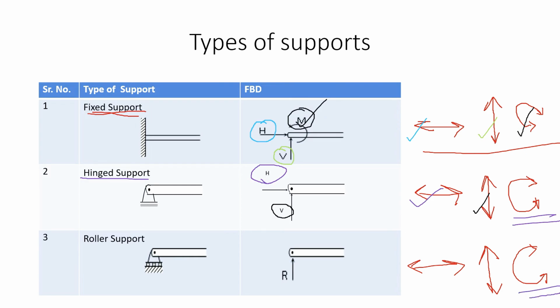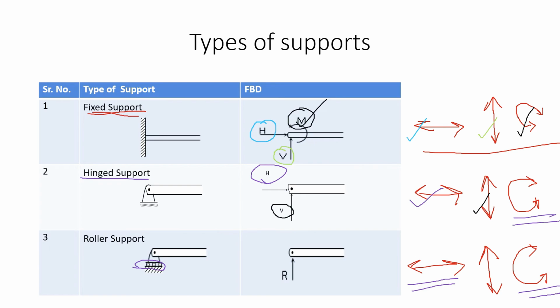Moreover, wheels are provided. You can see here that at the bottom three wheels are provided, and because of these three wheels, this body can move towards left and right. Means I haven't restricted this motion.